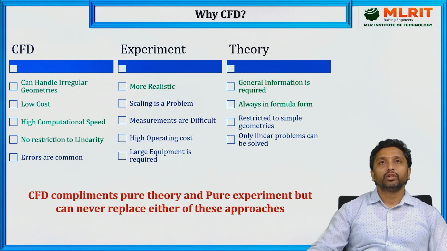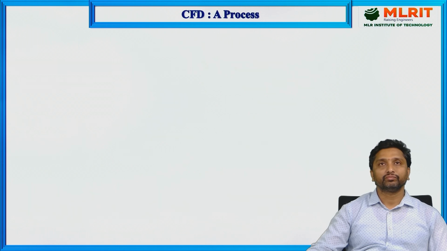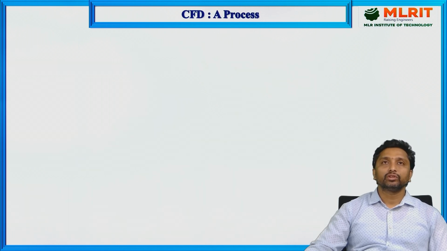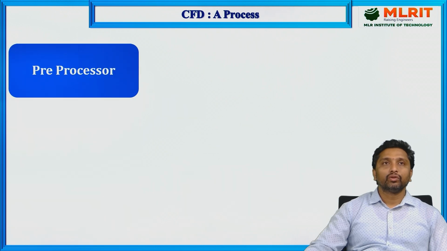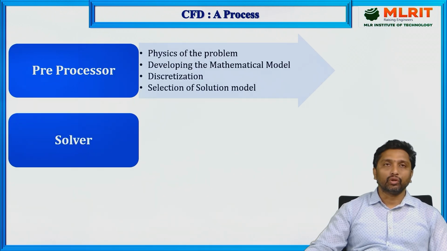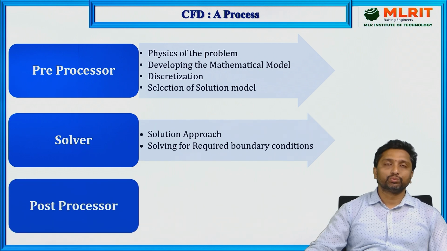So now let's understand the process of CFD. CFD as a process involves three phases: preprocessor, next solver, then postprocessor.